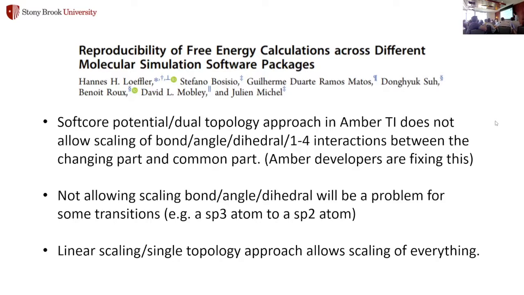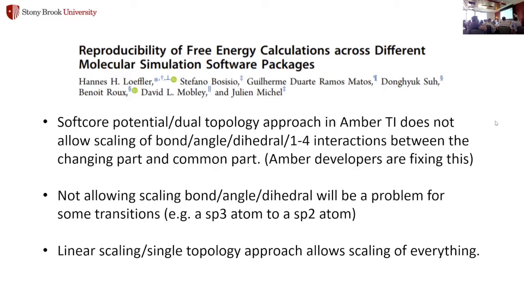Not allowing bond, angle and dihedral scaling will be a problem for some transitions. It's fine for most transitions, but for some, like sp3 atom to sp2 atom, there will be a problem. There are a lot of publications discussing this issue.